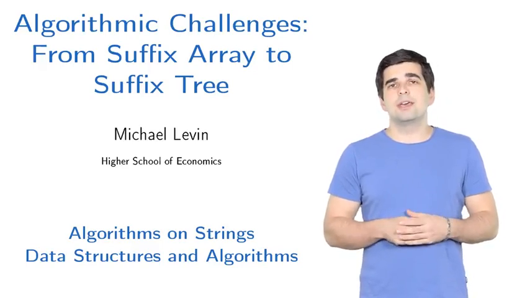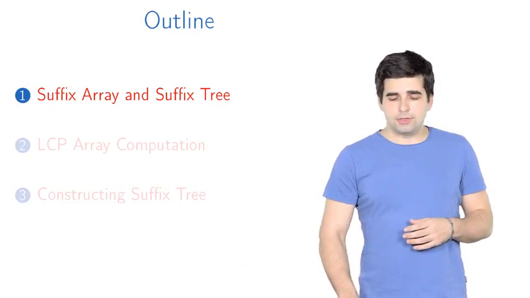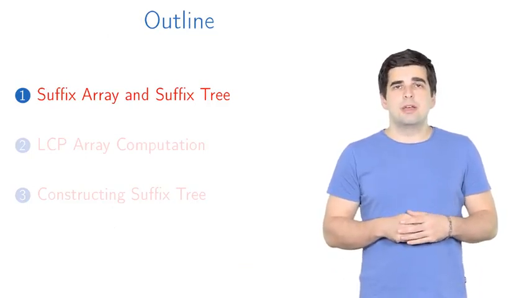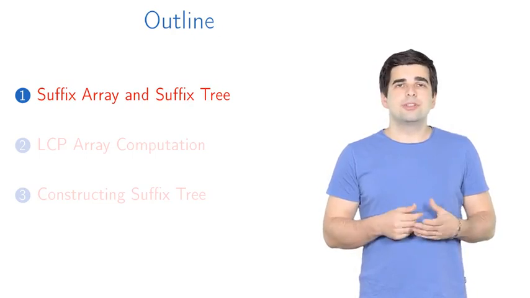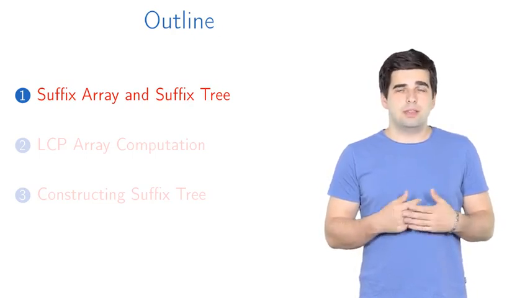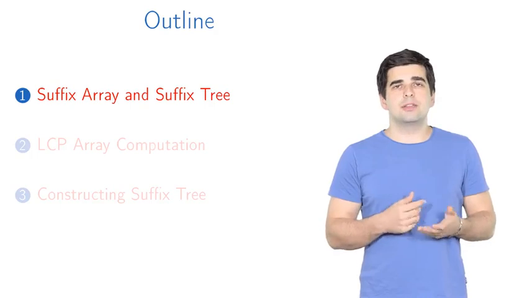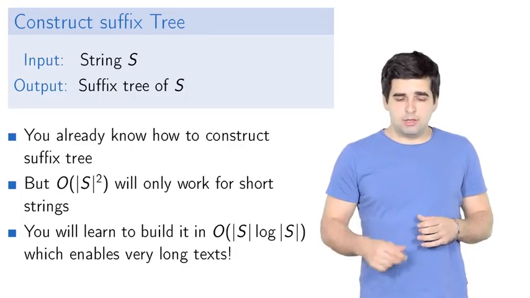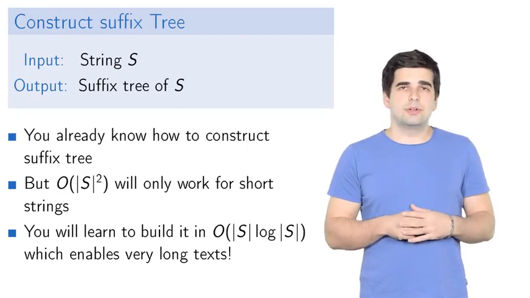For example, for $A, the equivalence class for $ is 0, and the equivalence class for A is 1. So it corresponds to pair 0, 1. And for AB, for example, the equivalence class of A is 1, and the equivalence class of B is 2. So we write down the pair 1, 2.